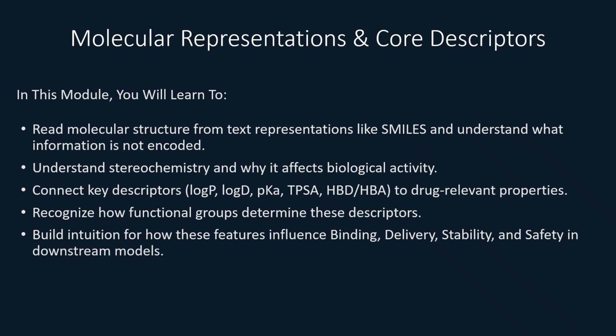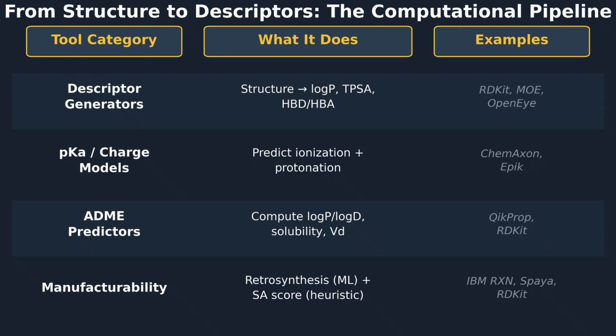So let's see some examples of these tools. Before we go into individual descriptors, here is the key idea: all of these tools, Decade, OpenEye, Epic, whatever, are performing chemical interpretation behind the scenes.